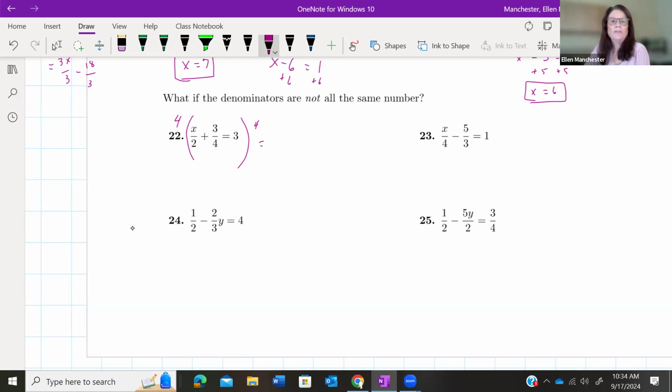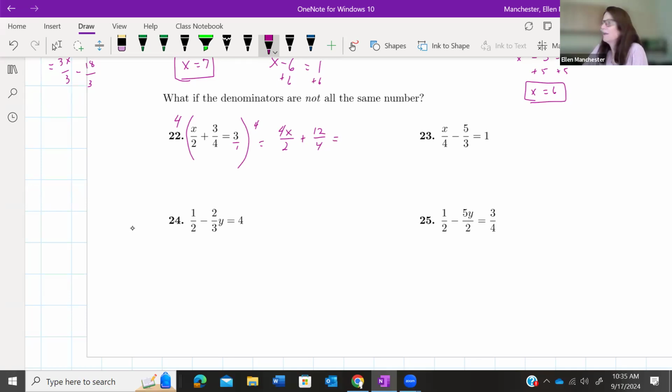So if you're multiplying straight across, you get 4x over 2. You get 12 over 4. And what are you going to do with that 3? Okay, you can put a 1 below it, and then what?